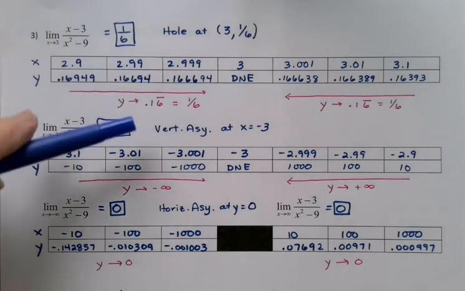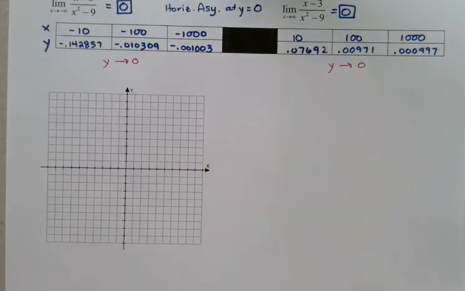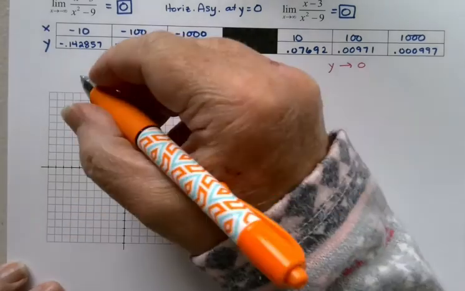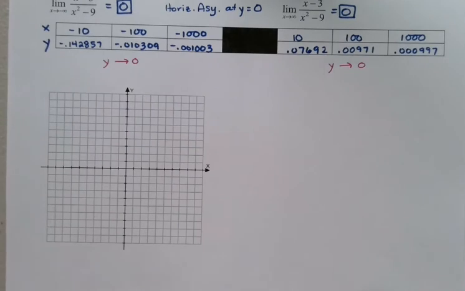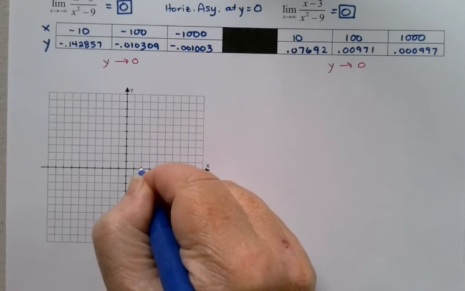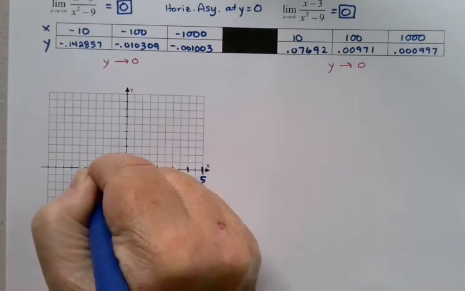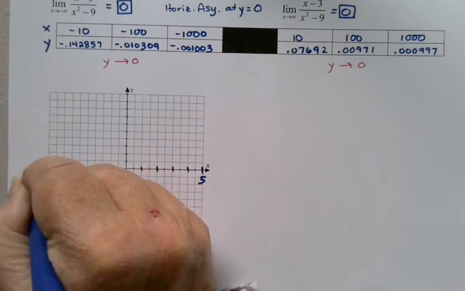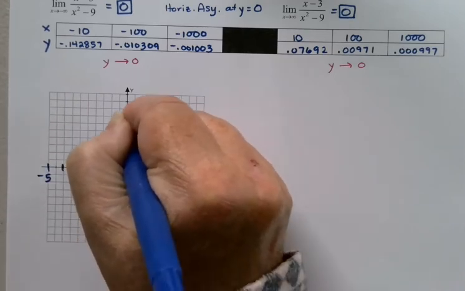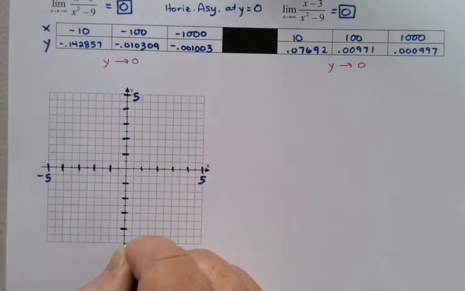All right, let's try to incorporate all of that information into a graph. So I'm going to start by defining my asymptotes. We were predicting a vertical asymptote at negative 3. Let's go with 1, 2, 3, 4, 5, and negative 5.